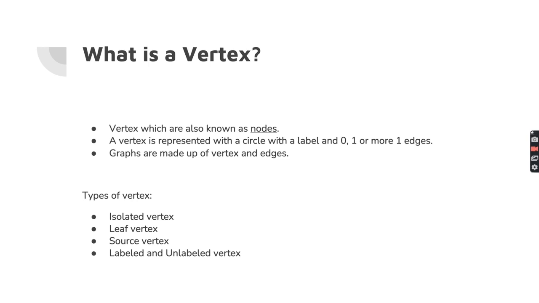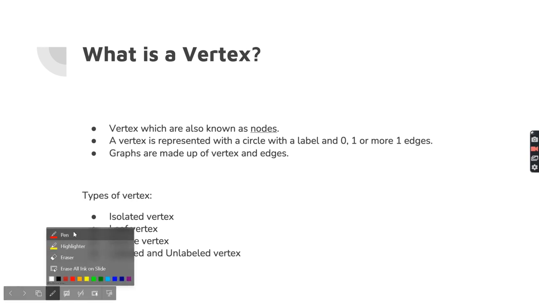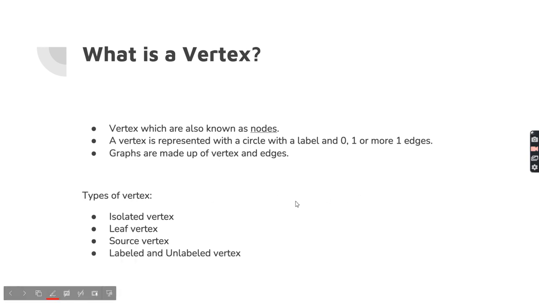So coming to isolated vertex, actually there are types of vertex, and a few are isolated vertex, leaf, source, and labeled and unlabeled. Isolated vertex are those vertex which are not connected to the other group of vertex.